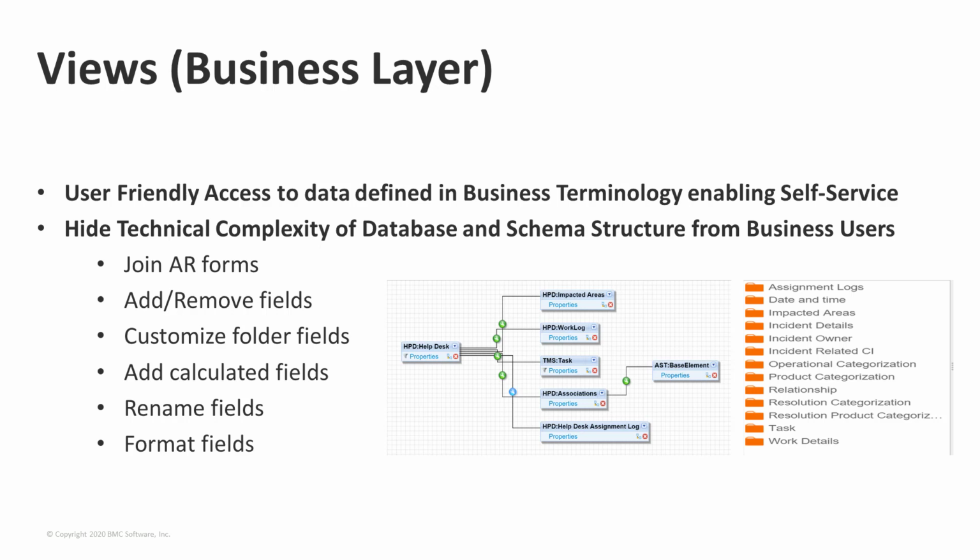Then the next step is you can select the required fields that you need in the report and create a folder and add the fields within the respective folders. And you can also define the calculations, which are variable creations, or rename the technical names of the fields, and you can also reformat the fields at the view level.